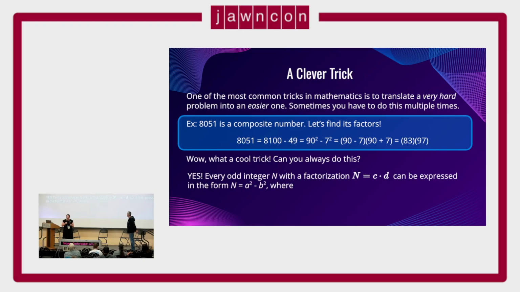And you know who proved that? This Fermat guy. Remember those Fermat squares I talked about earlier? Now he's popping up and he's starting to see these tricks, right? Turns out you can always write an odd integer in this form. And when you do, because of this difference of squares, you can explicitly find those factors. Cool little trick, right?